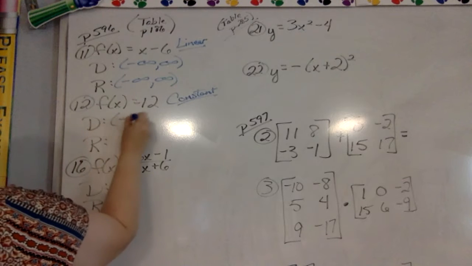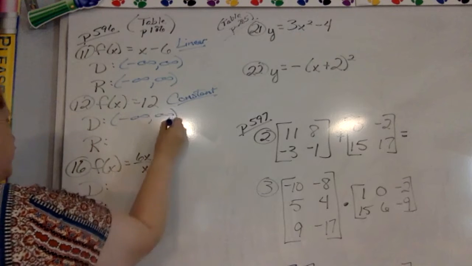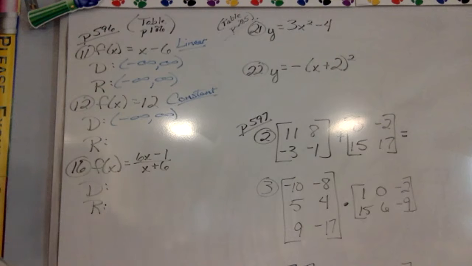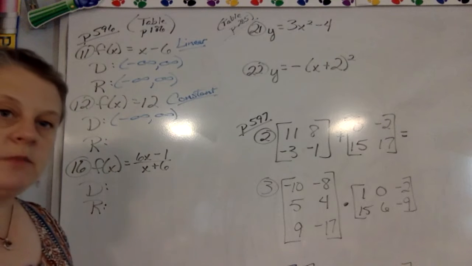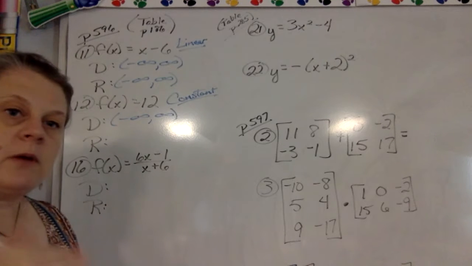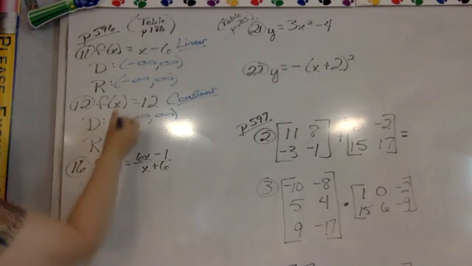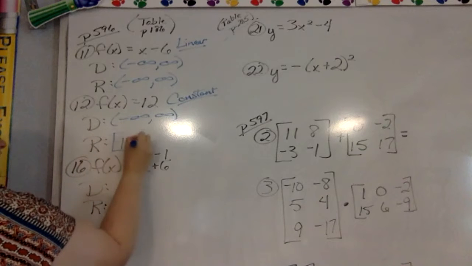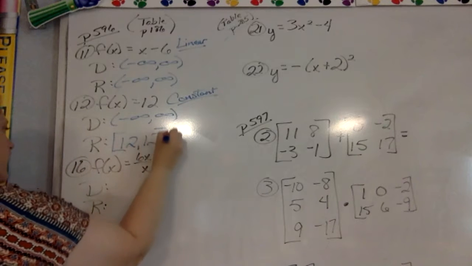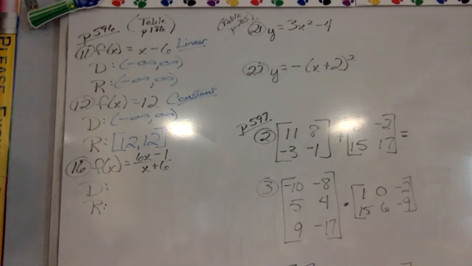So my domain is still negative infinity to positive infinity. But my range is just that constant number. Now you'll notice that they wrote it twice inside of brackets, because that means the highest y value you have and the lowest y value you have are that number. So it's just saying it's going from 12 to 12. Can't go anywhere else. Okay?